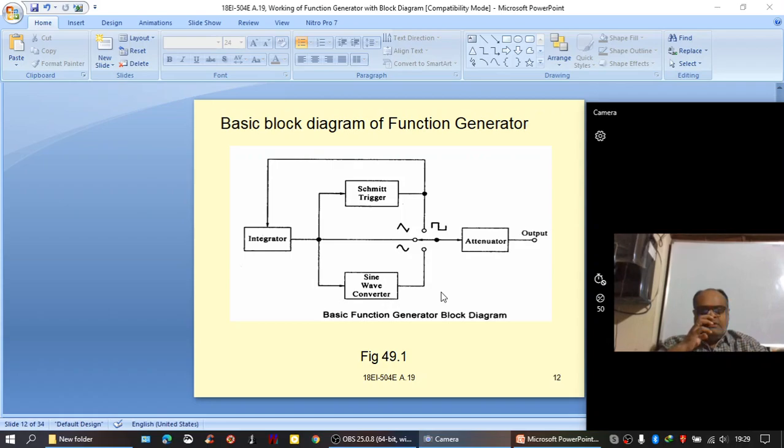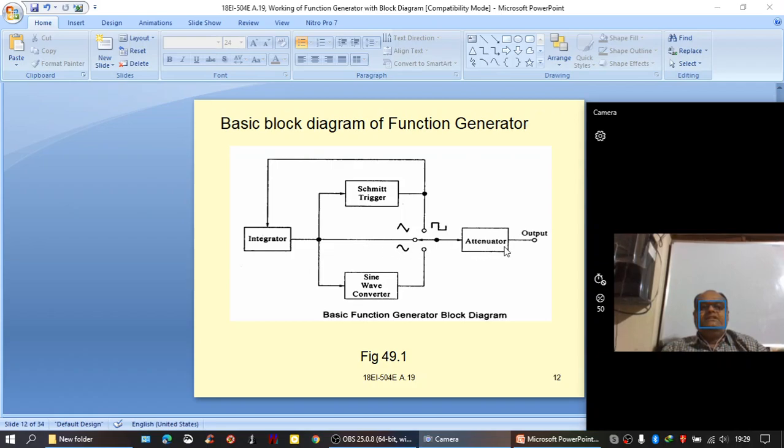Now let us look into the block diagram of the function generator. The function generator mainly consists of an integrator. An integrator consists of R and C. And when constant current is provided through resistance to a capacitor, the capacitor charges linearly, either increases or decreases, thus providing a triangular wave.